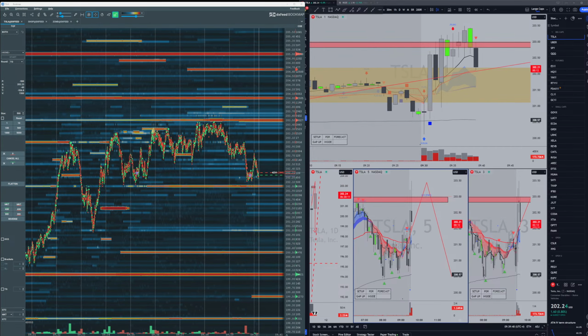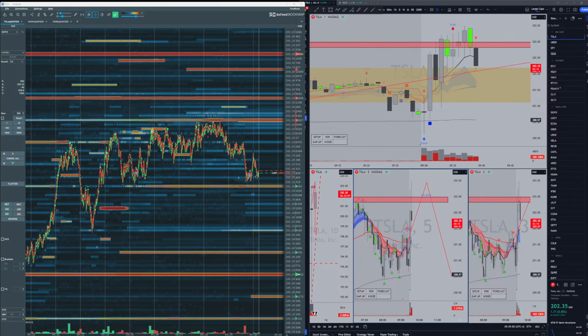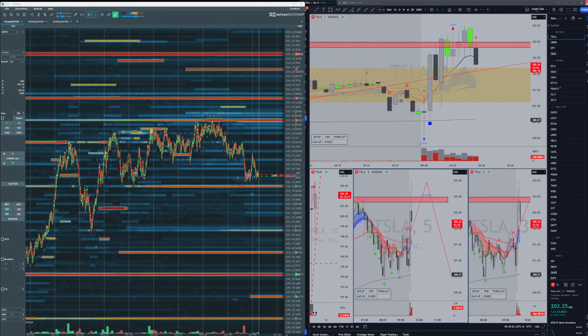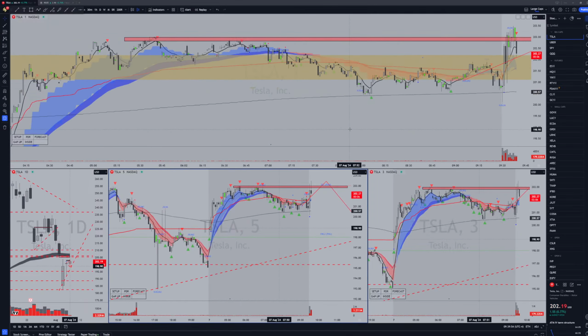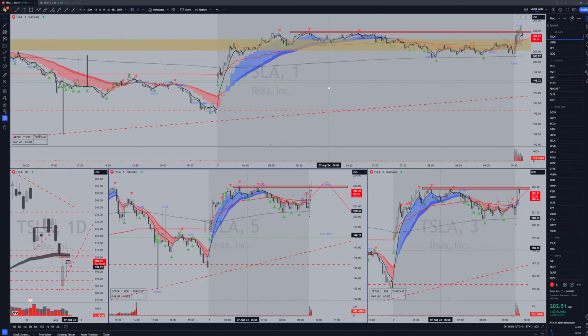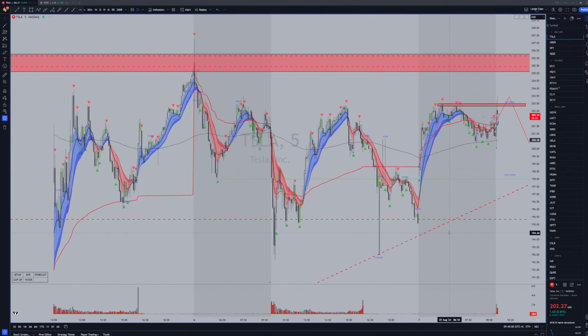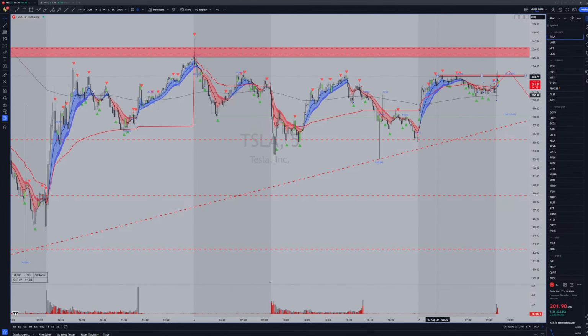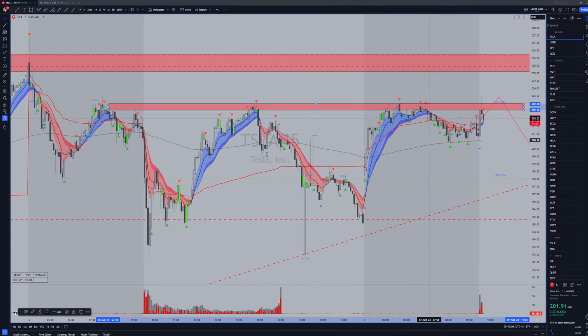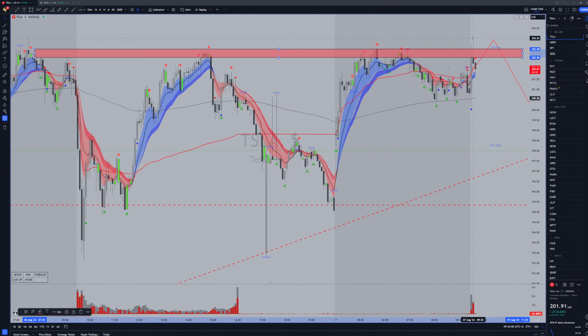What is the setup over here? FFT. Essentially, it's a fake out of this high liquidity area. We can put 5 minutes, for example. You can see this major resistance from yesterday, right? And this morning, we broke this level. Now we're fading down.